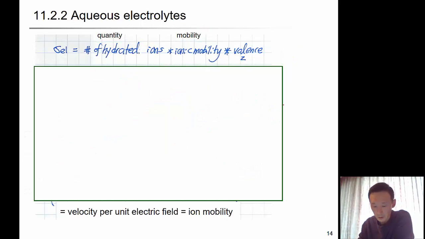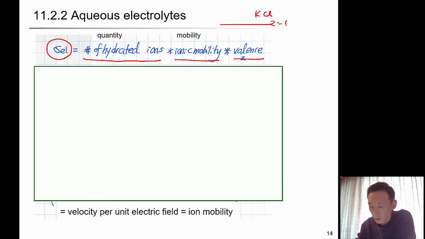So if we look closely at the electric conductivity of an electrolyte, say of 0.5 mole of the potassium ion, it's the number of hydrated ions times the ionic mobility of each ion times the valence. If it's potassium chloride, then the valence will be 1.